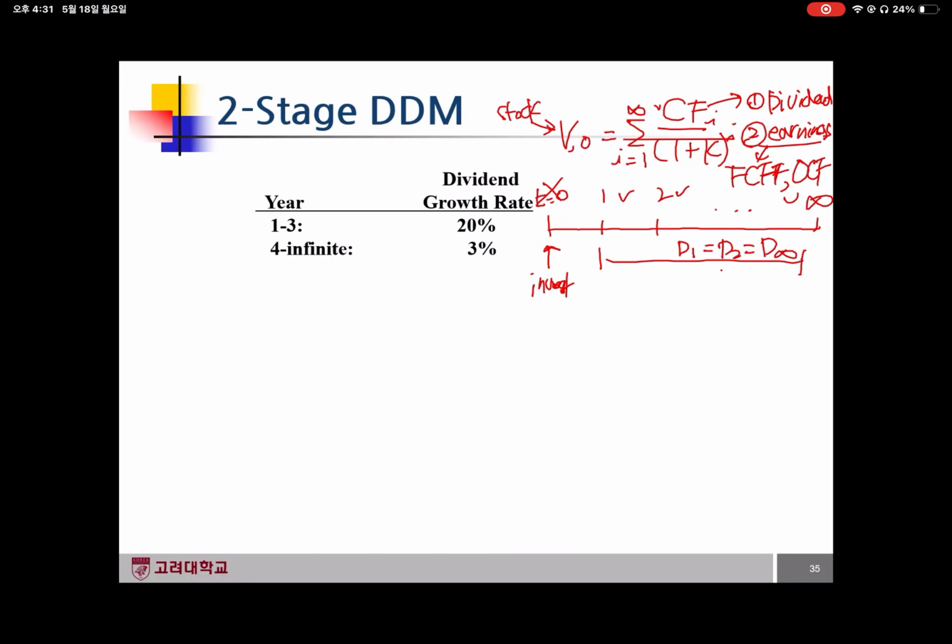How do we value this series? We can apply the perpetuity method. If the future payment is constant forever, the value is the future payment divided by the discount rate. So this is a perpetuity.